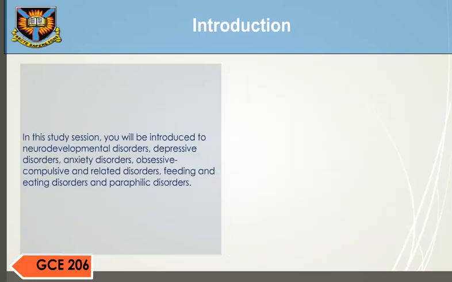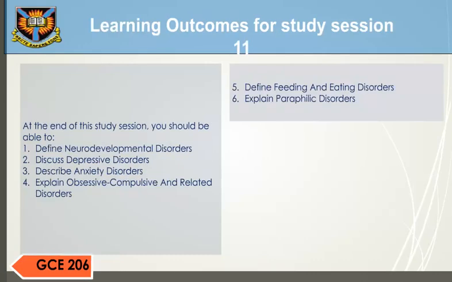In this study session, you will be introduced to neurodevelopmental disorders, depressive disorders, anxiety disorders, obsessive compulsive and related disorders, feeding and eating disorders, and paraphilic disorders. Learning outcomes. At the end of this study session, you should be able to: 1.